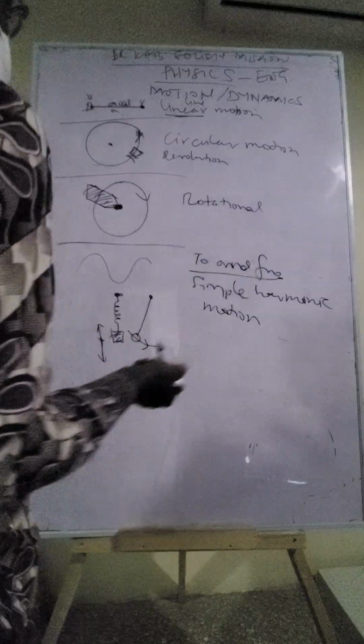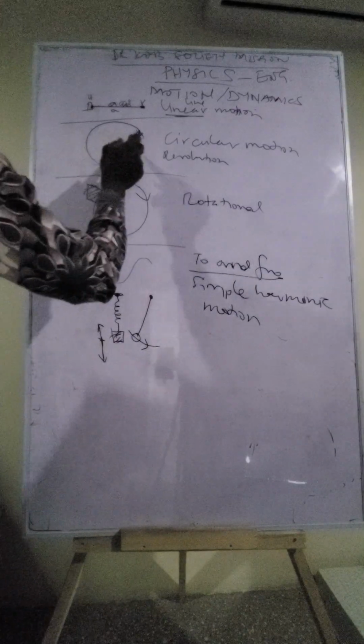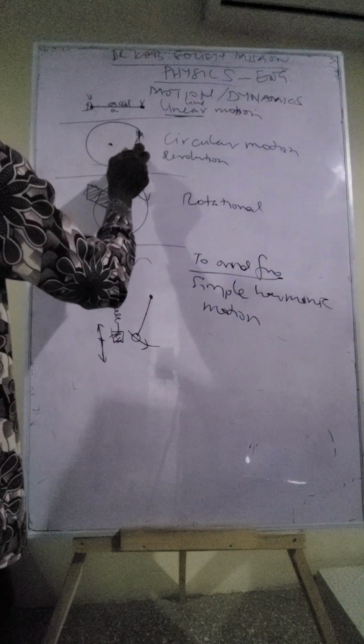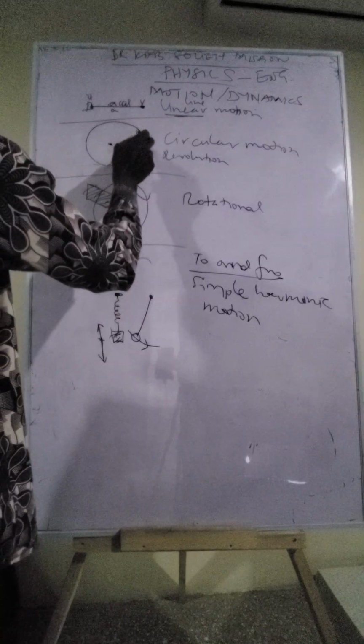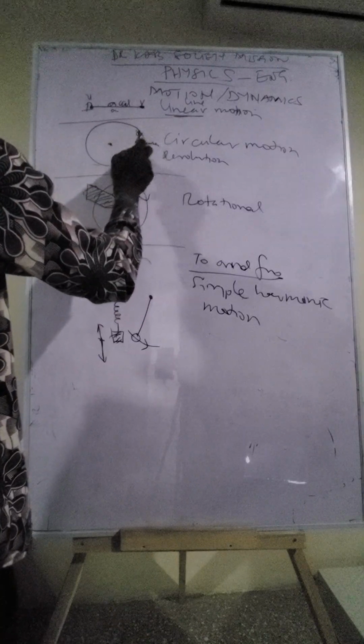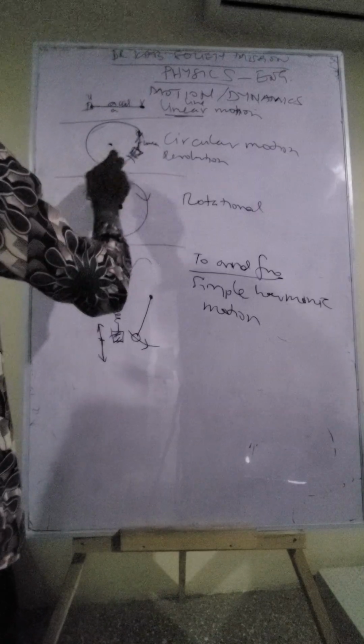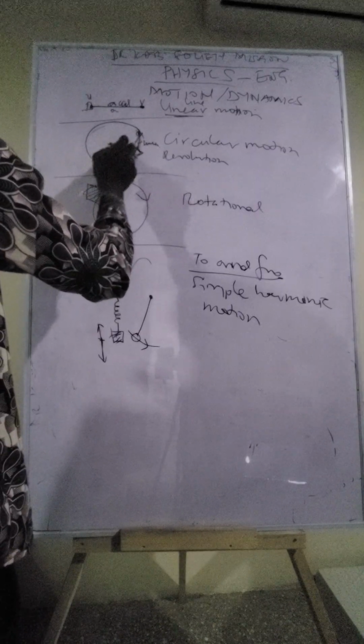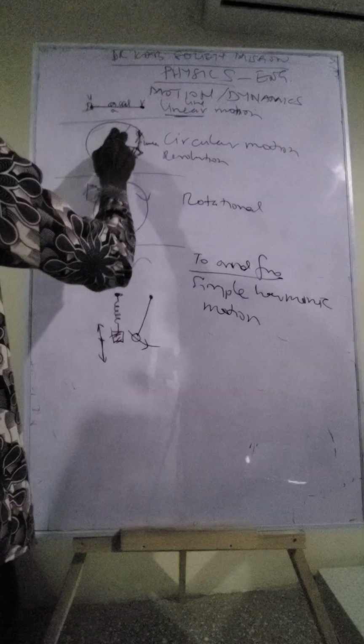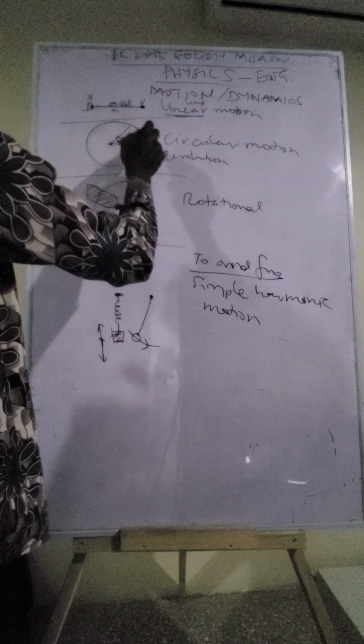Okay, same thing. So as in the circular motion, you have part of it. This part of it is more or less like linear motion. Okay, but because it's moving, circular motion, anything moving will definitely have this. It will be changing its angles.